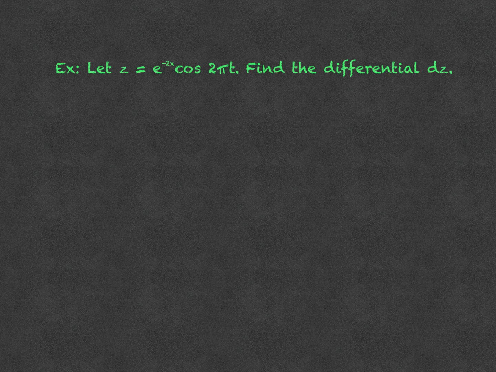It says let z equal e to the minus 2x cosine 2 pi t. So we're going to start with dz equals, then we have product rule, we have e to the minus 2x, and we have cosine of 2 pi t. So let's start with the first one. The derivative of e to the minus 2x is e to the minus 2x, and the derivative of the inside is minus 2, and we keep the cosine of 2 pi t, and this derivative was with respect to x.